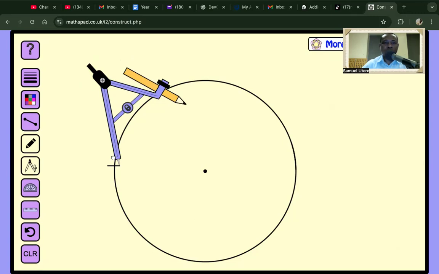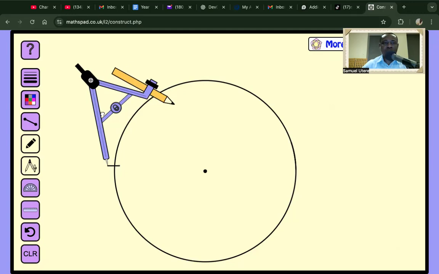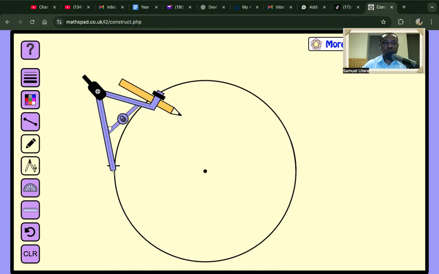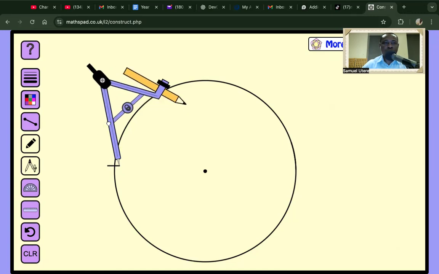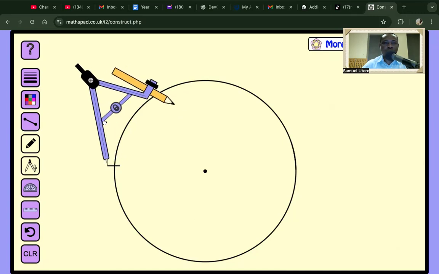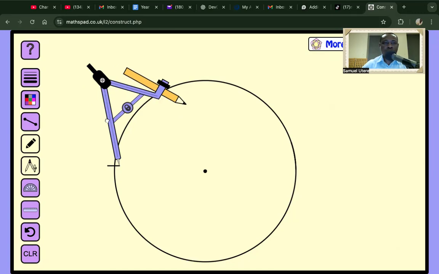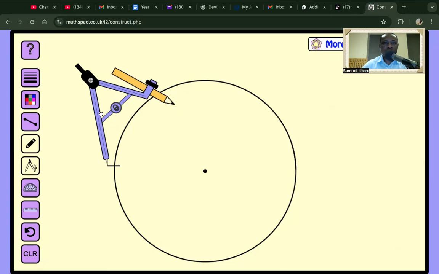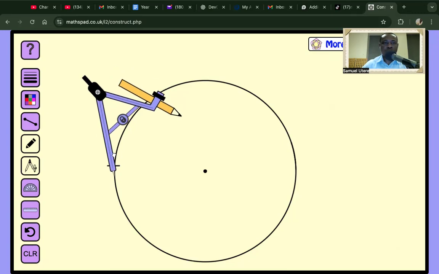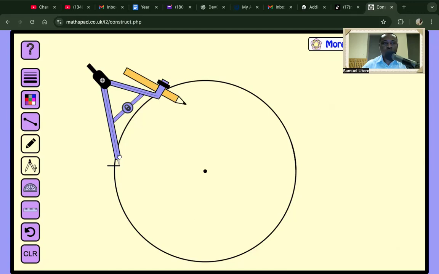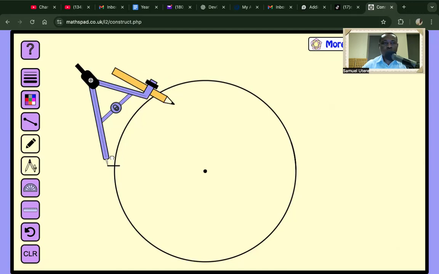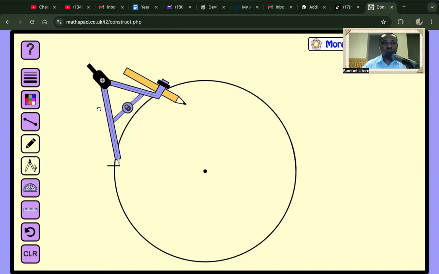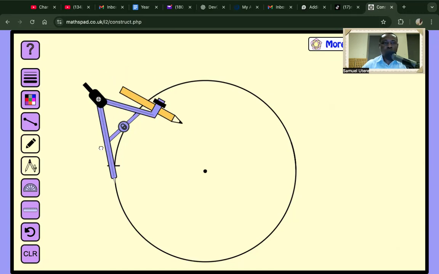It's a bit challenging moving the compass to that point, isn't it? Okay.